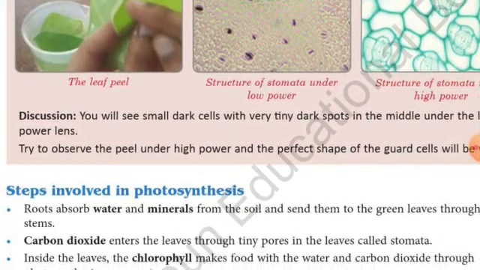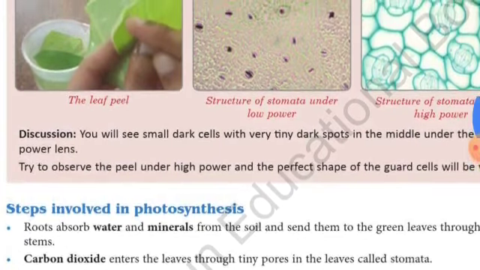Earlier, in the previous class, we studied about the site of photosynthesis and the conditions or factors necessary for photosynthesis. There are 5 factors necessary for photosynthesis, that is, chlorophyll, light, water, carbon dioxide, and temperature. And you have also studied where photosynthesis takes place.